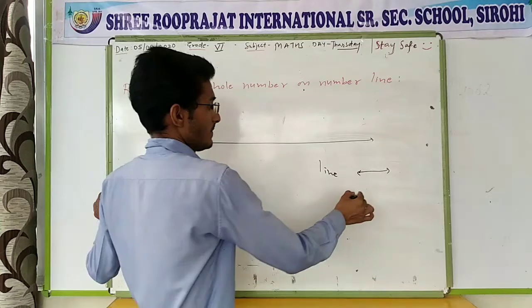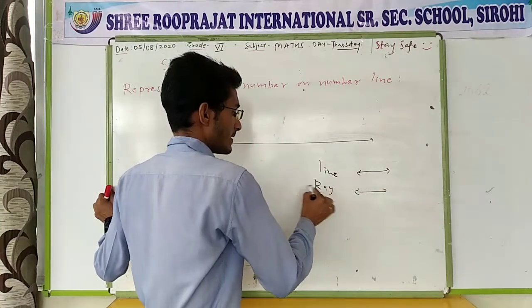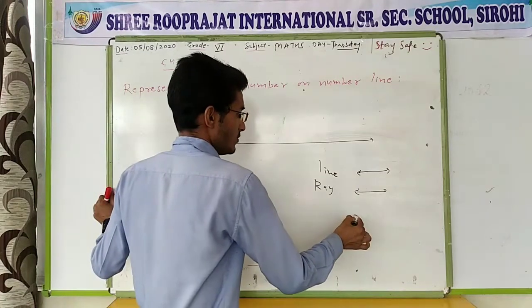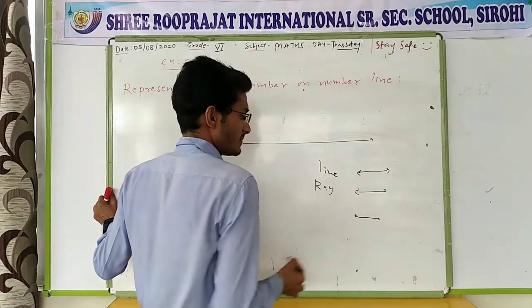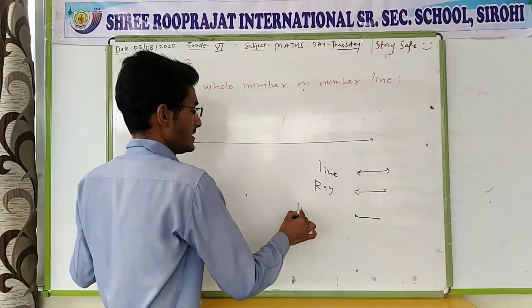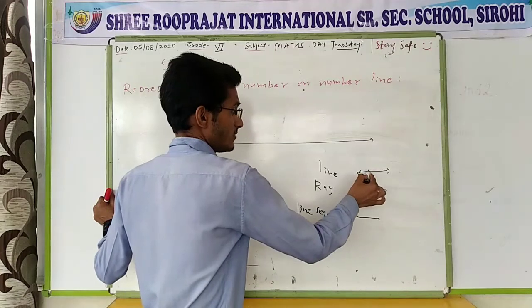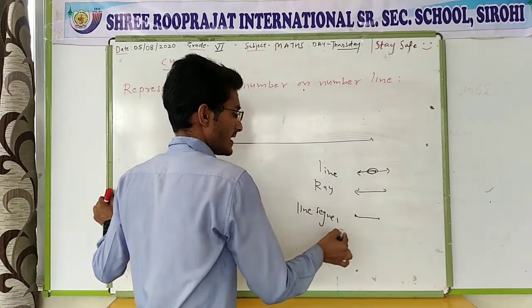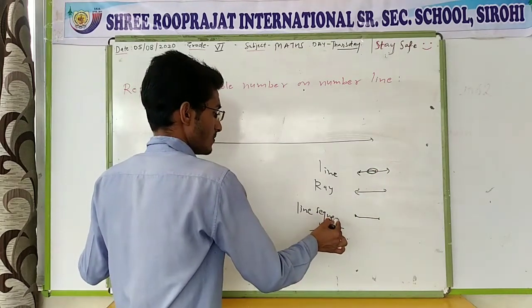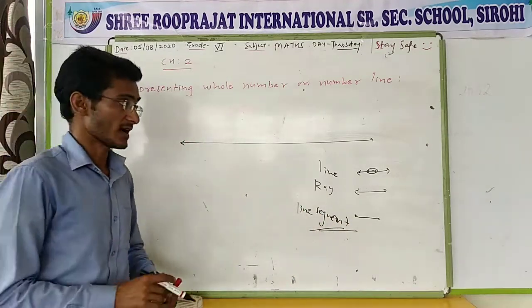If only one side there is an arrow, that is called a ray. And in both sides there is an end point, that means there is no arrow in any side, that is called a line segment. That was a line, you take one segment from that line, so that is called a line segment. Segment means a piece, in Hindi you can say a tukda.